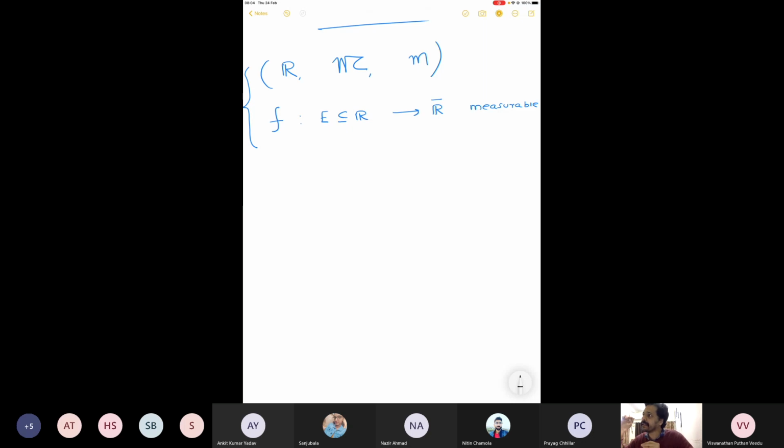And the basic ingredients of Riemann integration theory are as follows. You will integrate over a bounded interval.